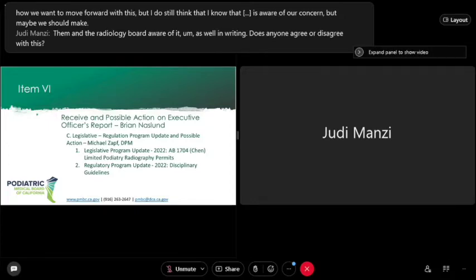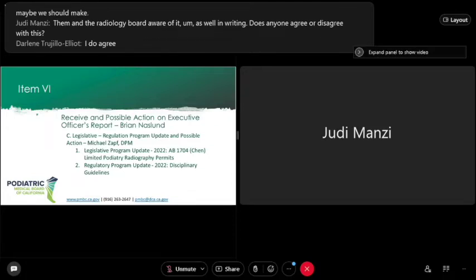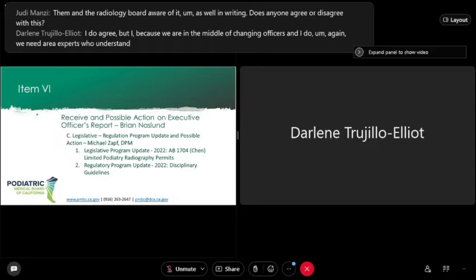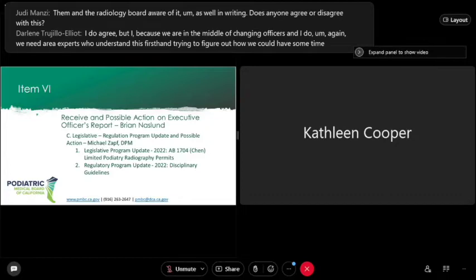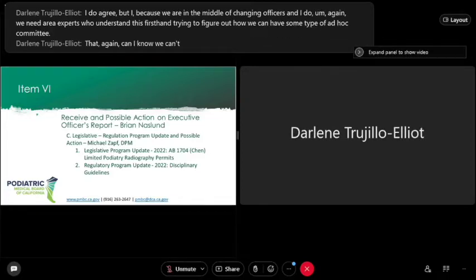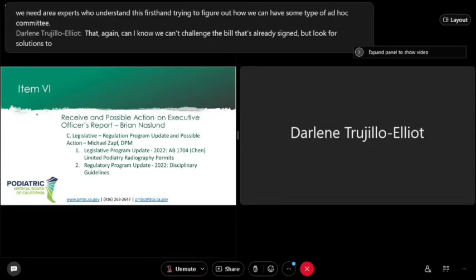I do agree, but because we are in the middle of changing officers, we need area experts who understand this firsthand, trying to figure out how we can have some type of ad hoc committee. I know we can't challenge the bill that's already signed, but look for solutions, maybe attach ourselves to another bill that we can use to ratify some of these changes.